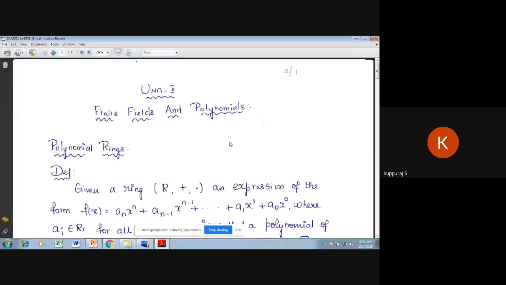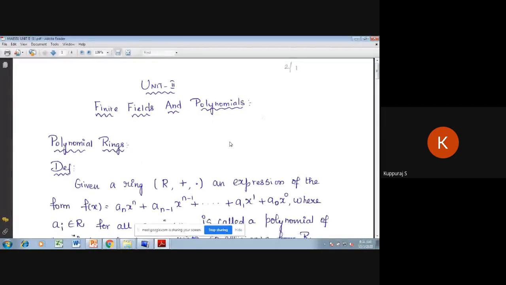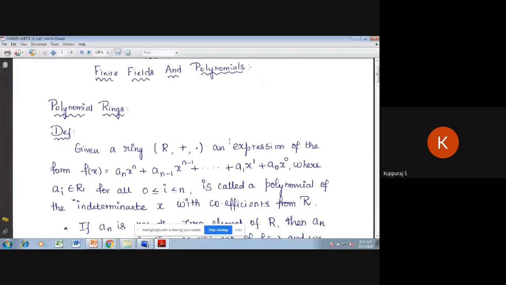So let's see a brief of the last class. Polynomial rings were introduced: a given ring which is abelian with respect to addition and distributive over the multiplication. So it is a polynomial ring.